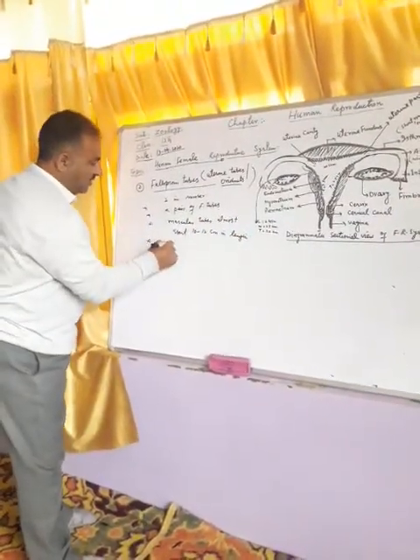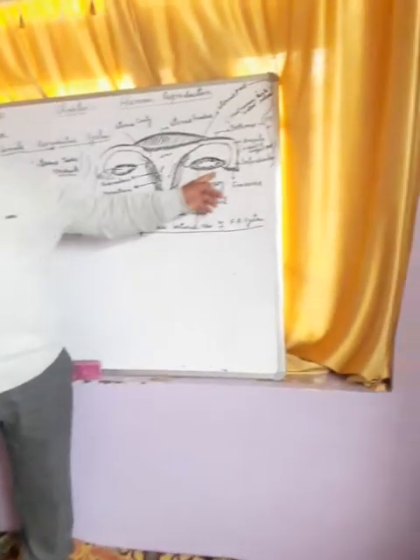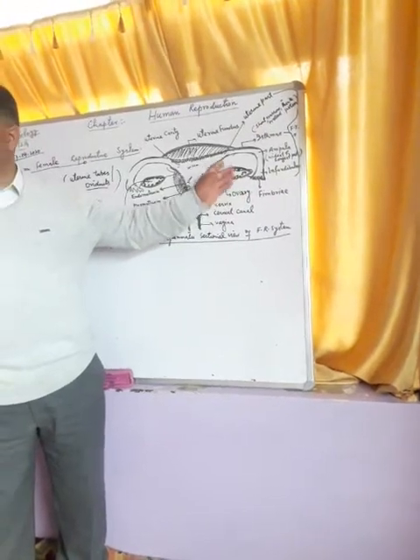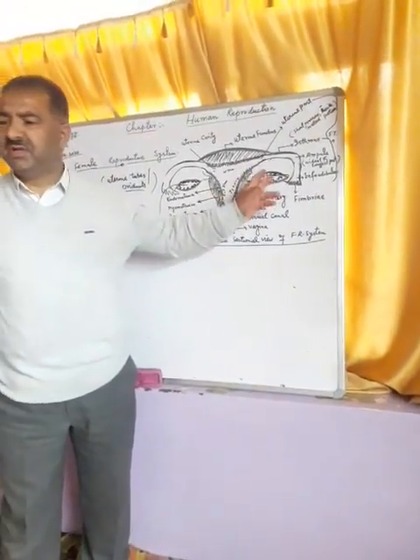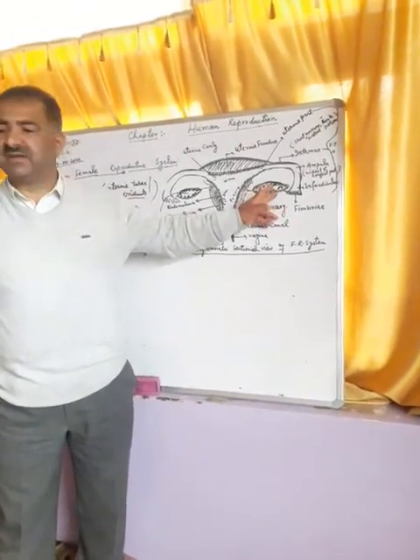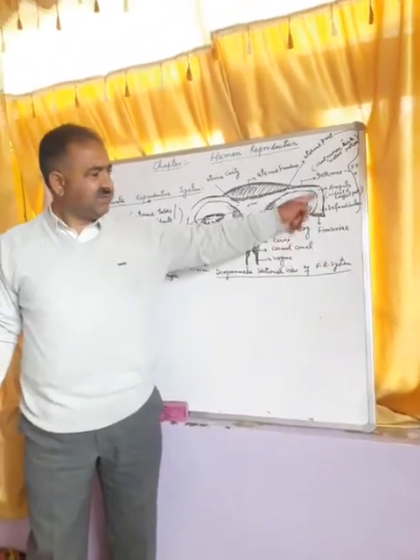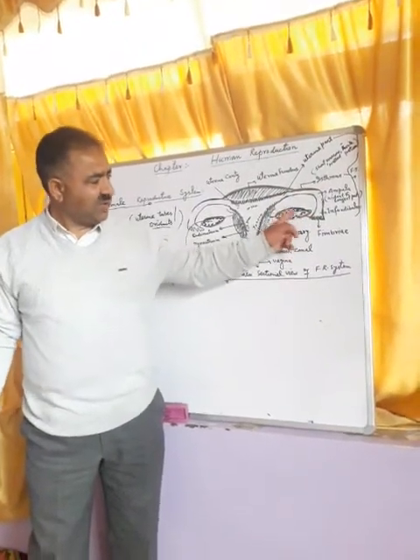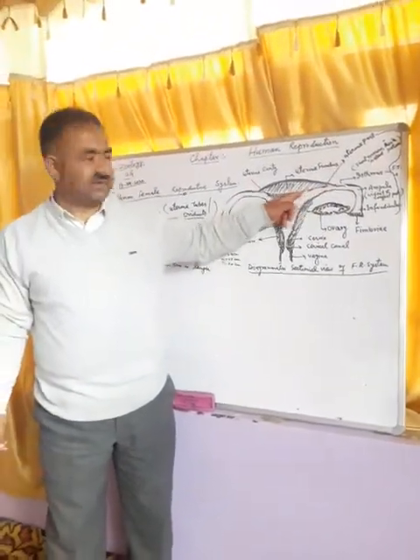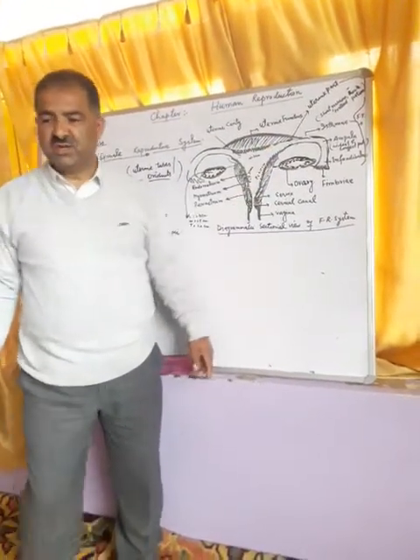One end of this fallopian tube is attached to the ovary, or we can say one end of each oviduct, or fallopian tube, lies in close contact with the ovary of its side, and the other end opens into the uterus.